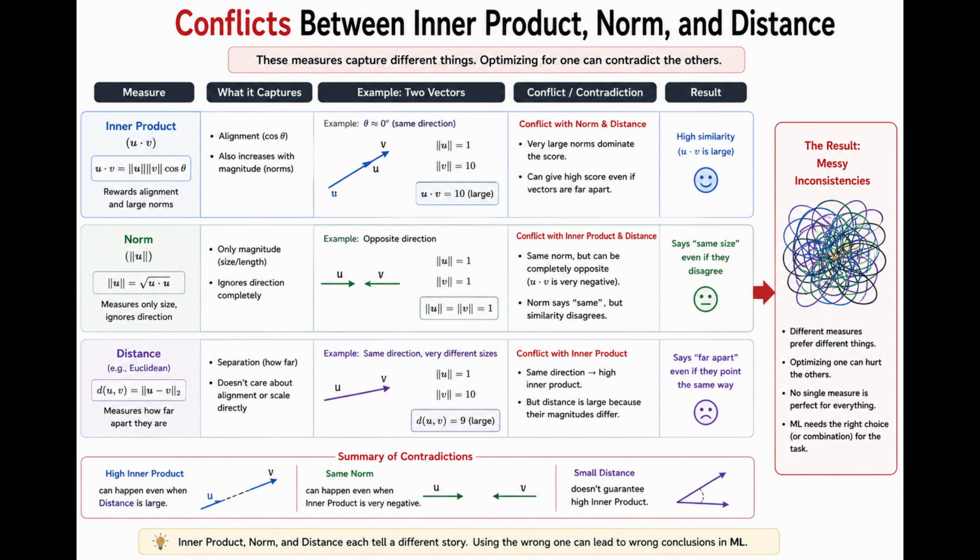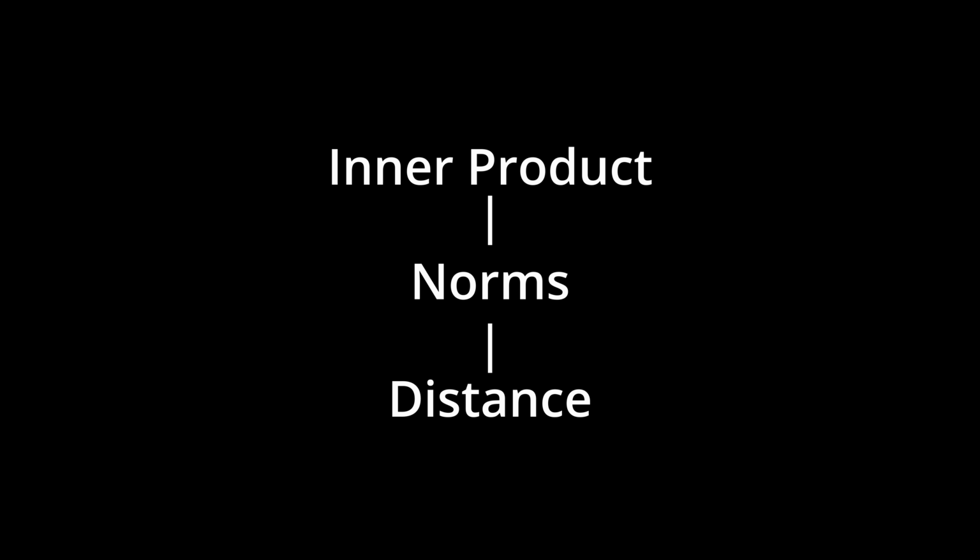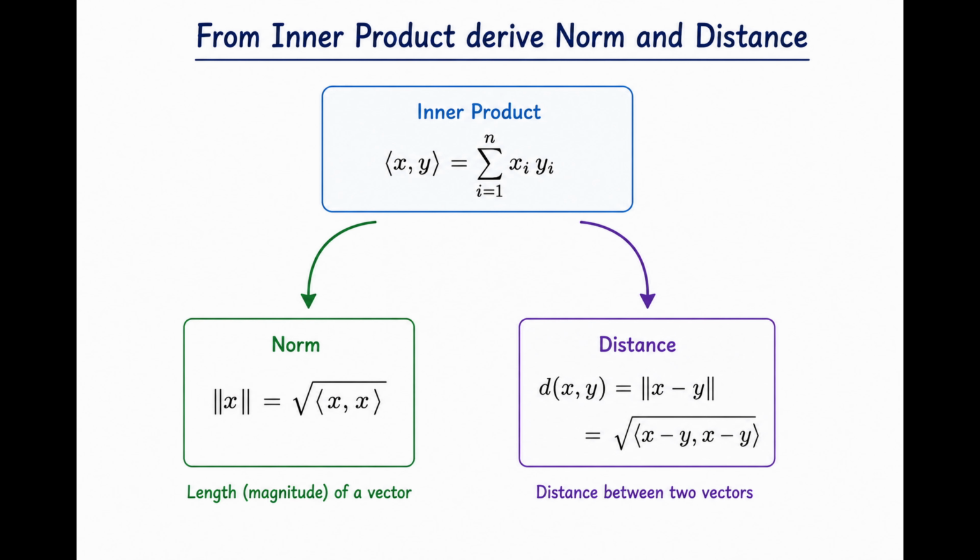So mathematicians asked, can we build everything from one fundamental concept so that all these measurements agree with each other? The answer is yes. They chose the inner product as the foundation. From it, they can derive norm and distance. So everything stays consistent. Think of it like this: inner product, then norm, then distance. Instead of inventing three unrelated tools, we build one from another.